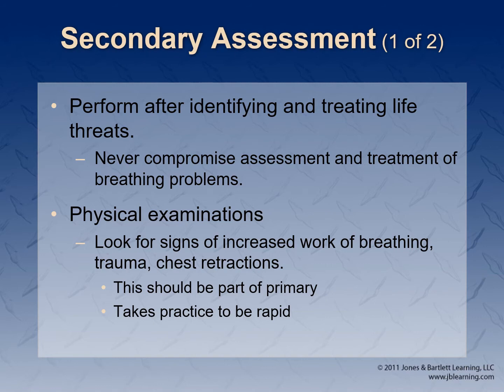So your secondary assessment, this is your thorough head-to-toe. This is where you're looking at everything that isn't directly related to the chief complaint, right? You're going to sort of check all of your organ systems. You're going to take a detailed look at each one. Your increased work of breathing, chest trauma, or accessory muscle use, to me, that's part of your primary.